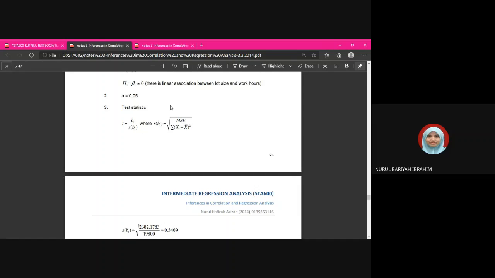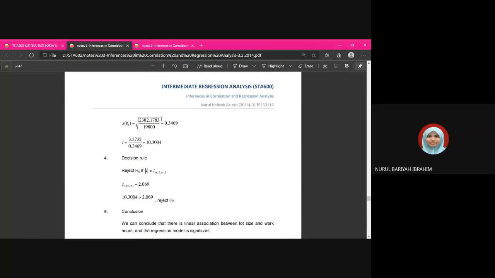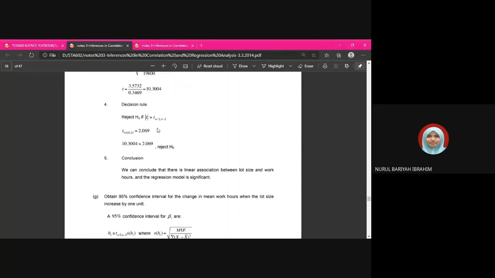We need to calculate this formula first in order to find the value of the standard deviation and apply in the test statistic here. Okay, and then you need to find ataupun compare it with the critical value from T table. So dekat sini saya buat alpha over 2 di sini sebab guna table merah. Okay, kat sini dia punya confidence interval, the degree of freedom is n minus 2 because we deal dengan simple linear regression.